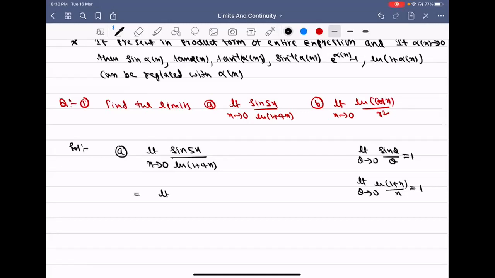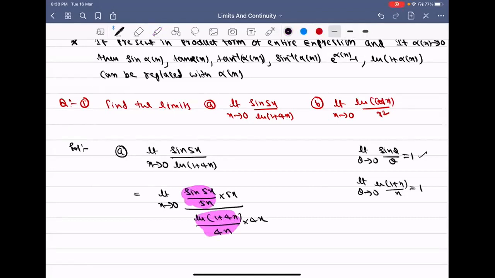This is equal to limit as x tends to 0, sin 5x over 5x into 5x; multiply and divide by 5x. Here, ln of 1 plus 4x over 4x into 4x. Now, if you observe these two limits, are they in standard form or not?